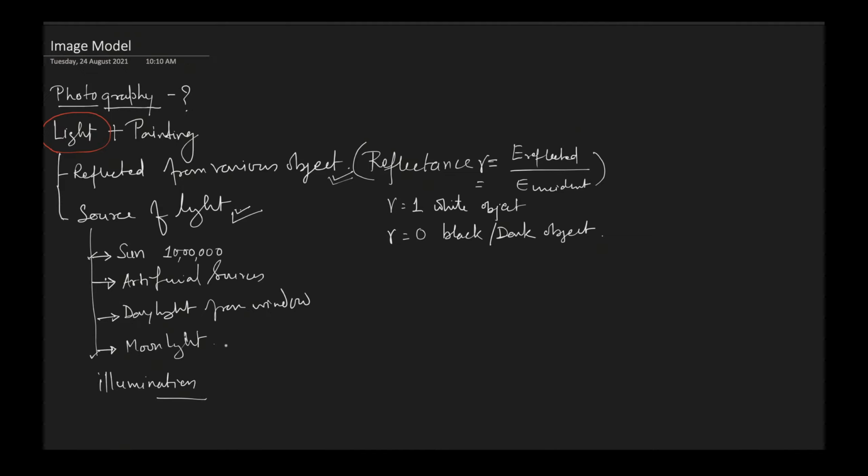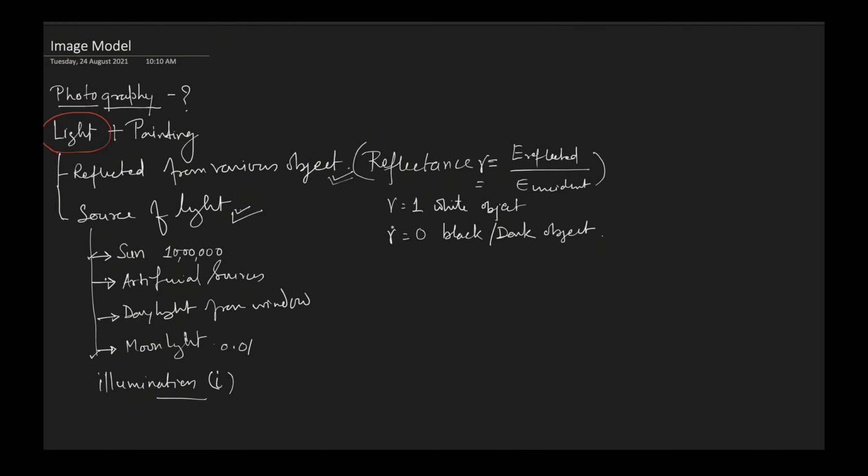While for a moonlight, it can become 0.01. It could be so low. Okay. So illumination becomes one of the important parameters. May I represent it by I?